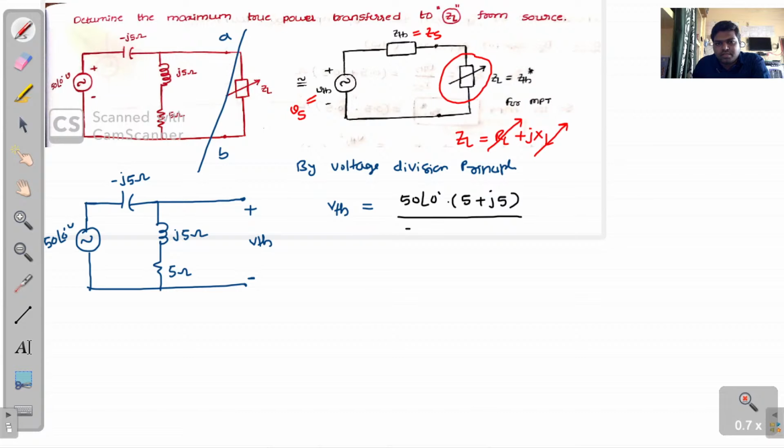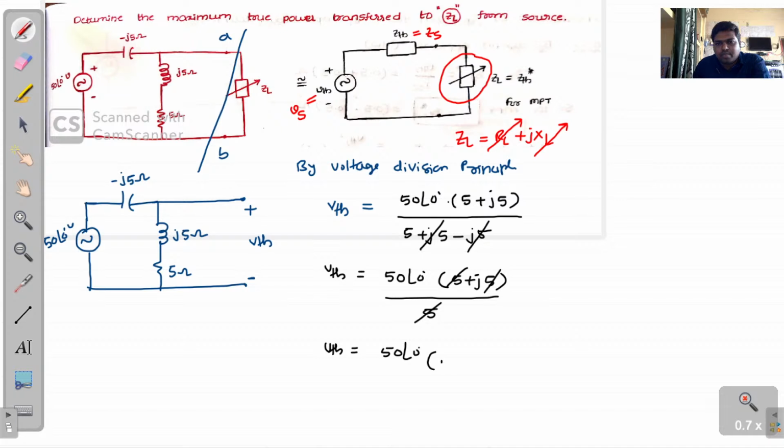This is 5 plus j5 and this is minus j5, right? In the total impedance these two cancel each other. Then you will get V Thevenin equals 50 angle 0 degrees into 5 plus j5 divided by 5. This 5 cancels. Then you will get V Thevenin equals 50 angle 0 degrees times 1 plus j.